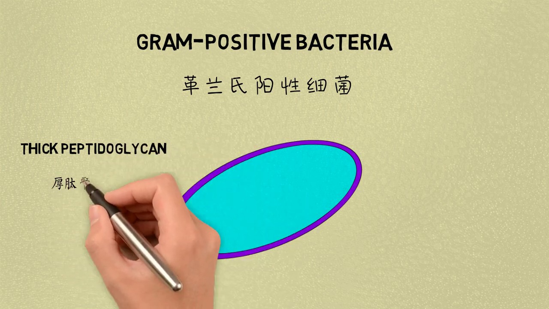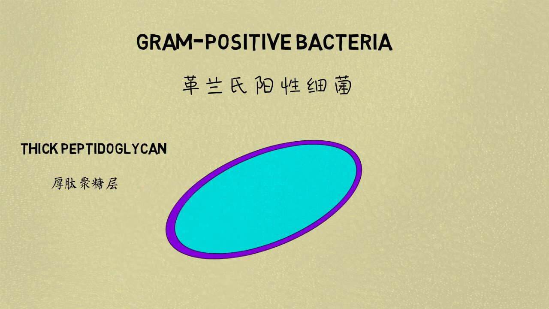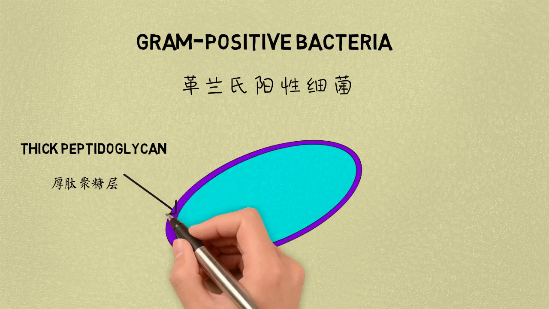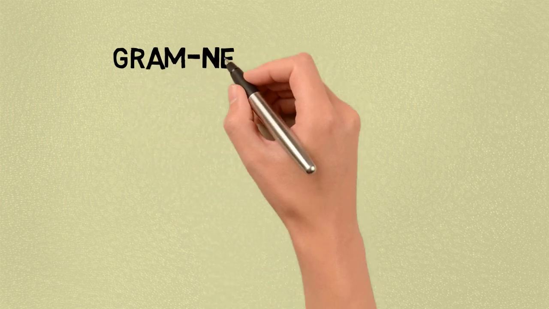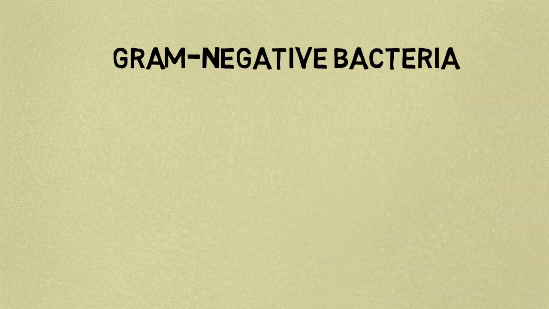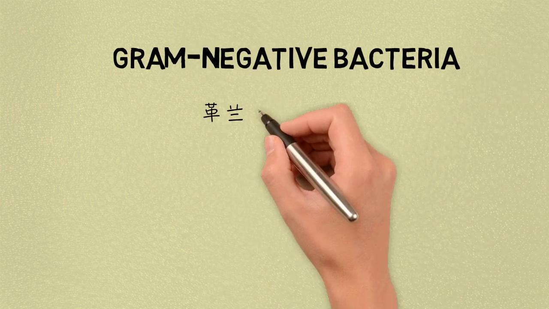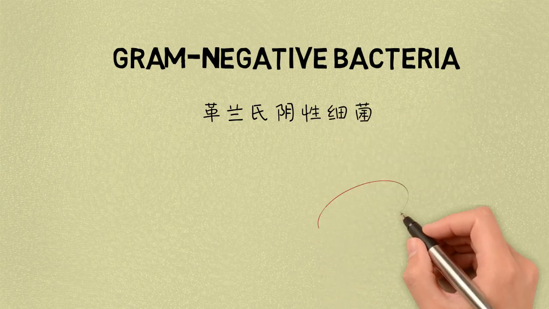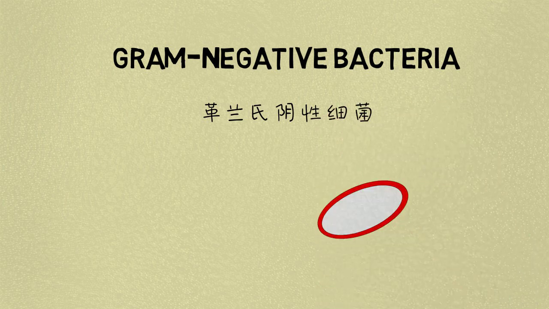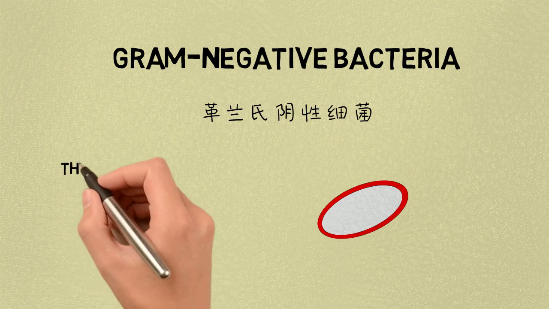These are called acid-fast bacteria, and can only be differentiated from other gram-positive bacteria by special staining procedures. Gram-negative bacteria. Gram-negative bacteria generally possess a thin layer of peptidoglycan between two membranes. Most bacterial phyla are gram-negative.